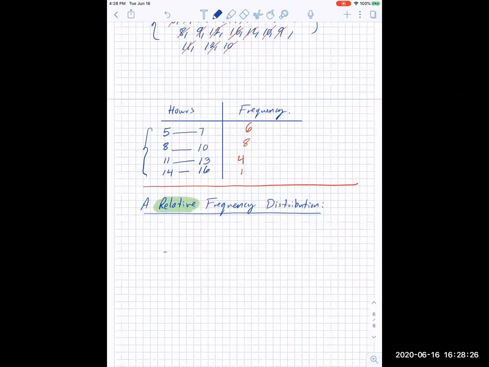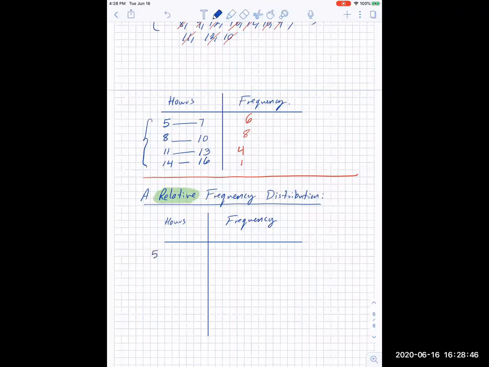Here again are 2 columns. Hours, frequency, 5 to 7, 8 to 10, 11 to 13, 14 to 16.